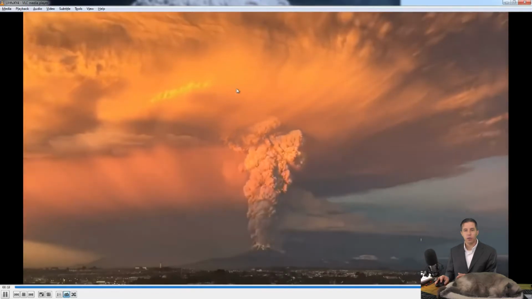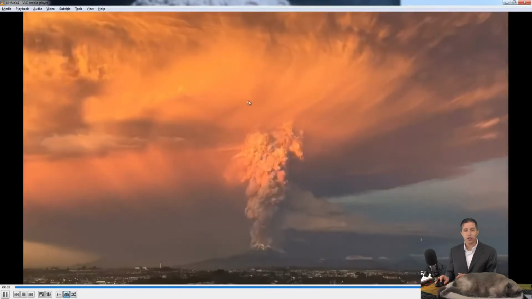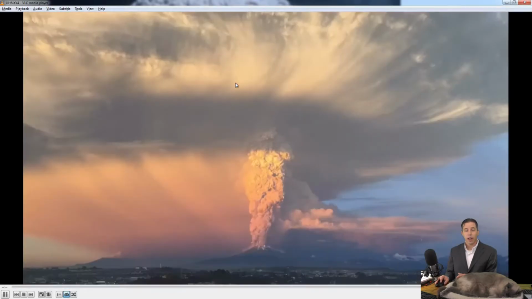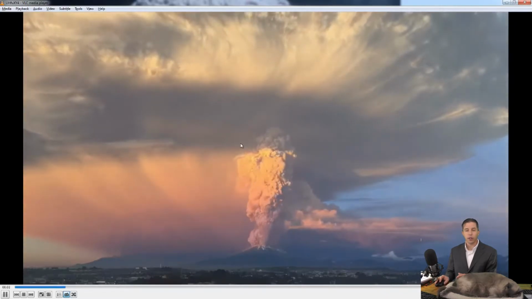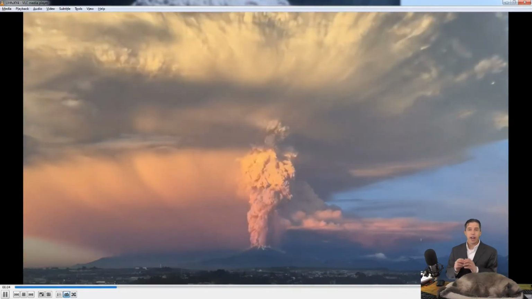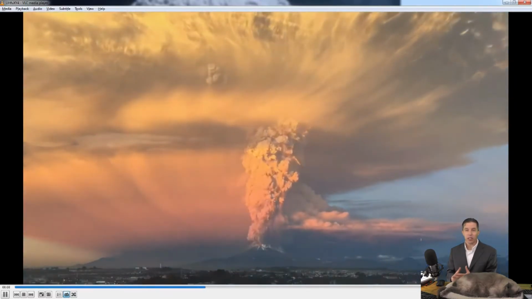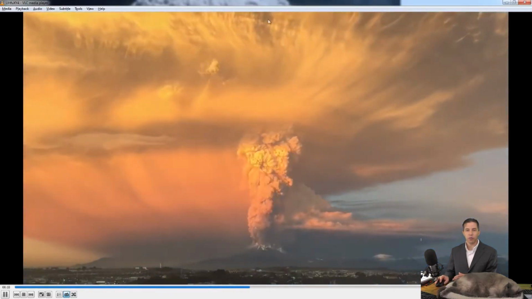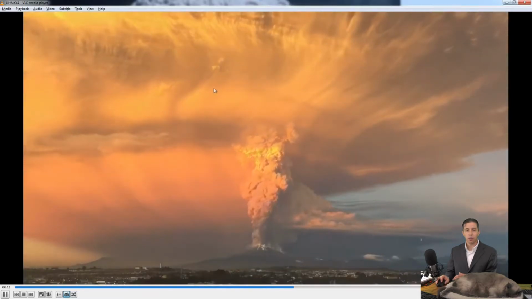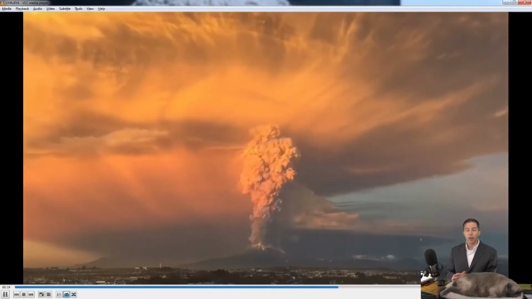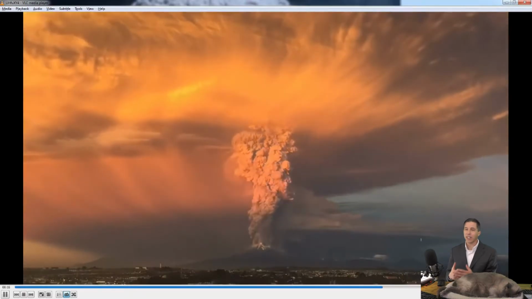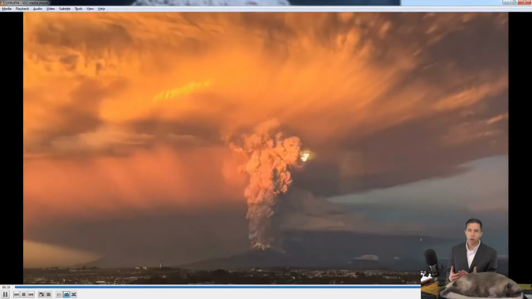And you can see, once in a while, some ash punching through and going up into the stratosphere. Once that ash goes up into the stratosphere, it will stay up usually a couple of years before it finally gets removed. See, right there you can see it going up into the stratosphere. So this will have a change in the climate, but it has a cooling effect, not a warming effect.